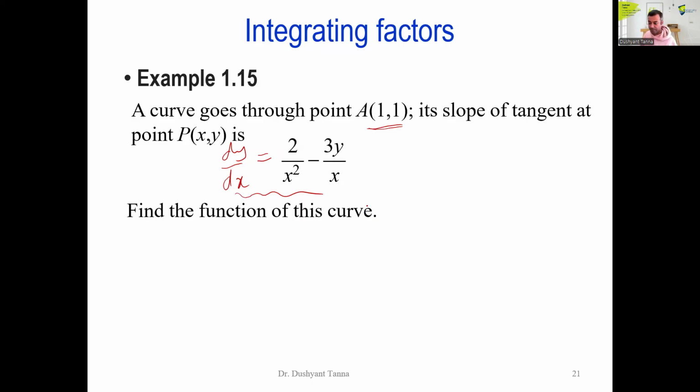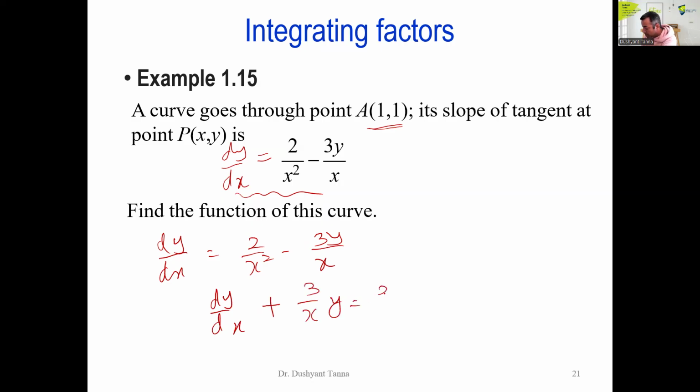That means finding a solution of the differential equation. So I'm given dy by dx is equal to 2 over x squared minus 3y over x. Now, it's not in standard form, so I will rearrange it: dy by dx plus 3 over x times y is equal to 2 over x squared.